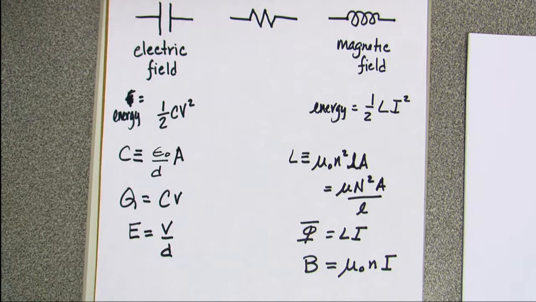The back EMF is fighting back against the change in current. Now once the current is steady, no big deal. Because there's no changing current, I'm not creating a back EMF, and I'm not going to have a problem there.